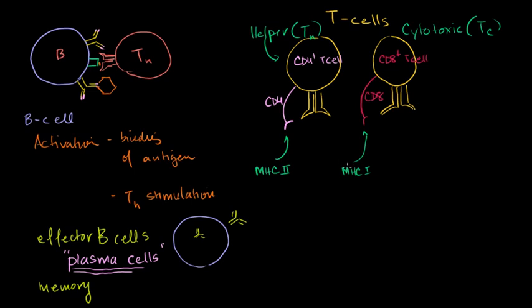Oftentimes, before a cell gets activated, they just describe it as a CD4 T cell or CD8 T cell. And then after it becomes activated and starts wanting to kill things, then maybe you call it cytotoxic. But this is all wordplay. I think you get the general idea.